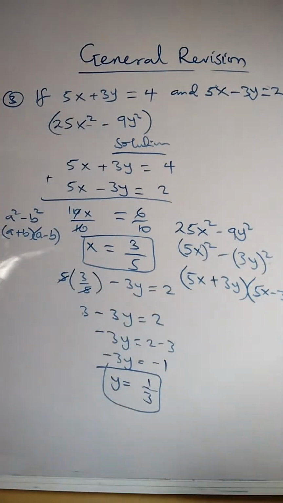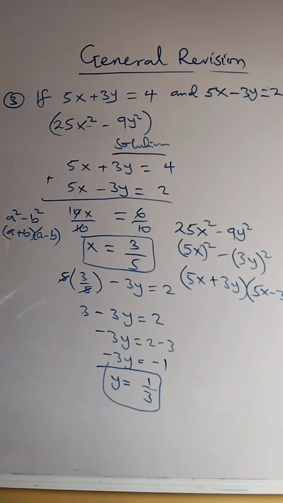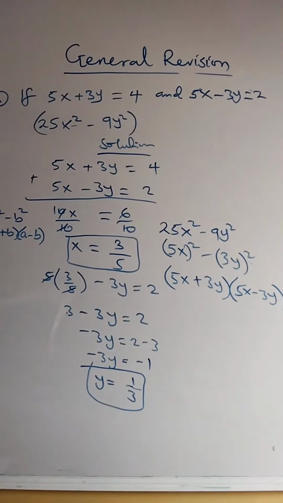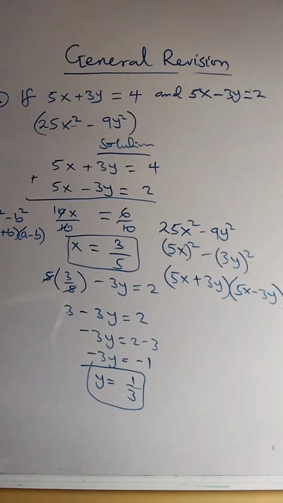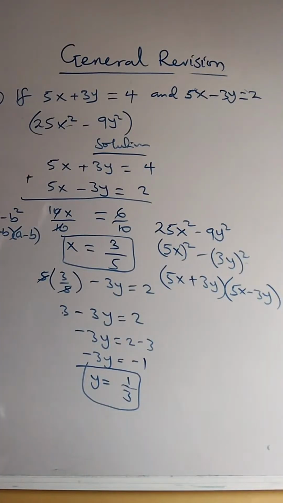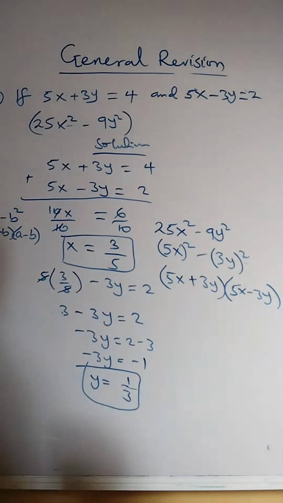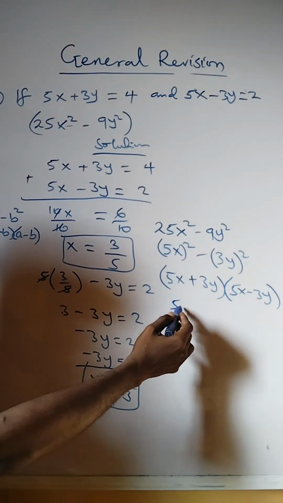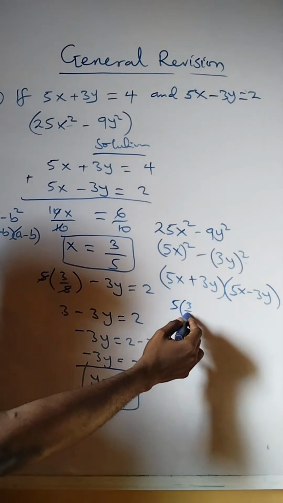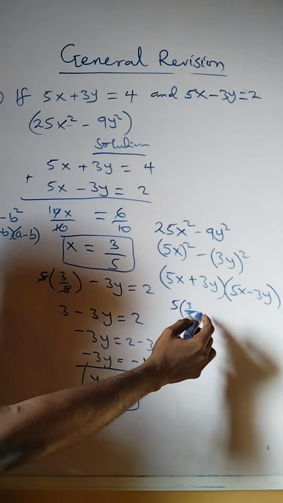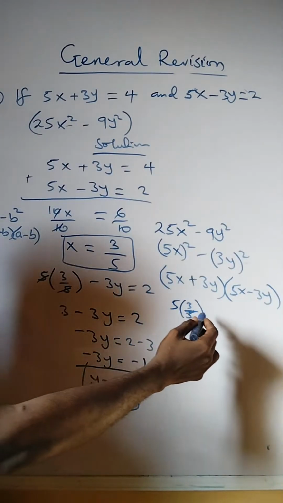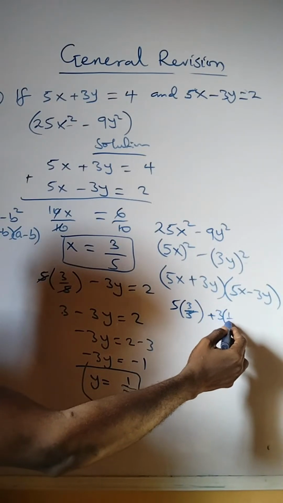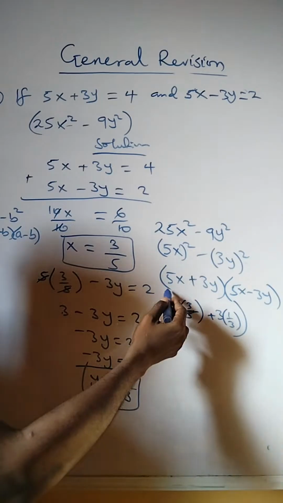From here, we can substitute the values of x and y. Since x is 3 over 5, we have 5 times 3 over 5, then plus 3 times y, which is 1 over 3, for the first bracket.